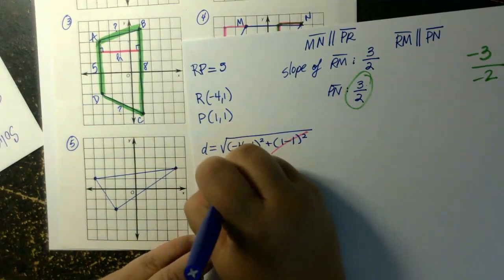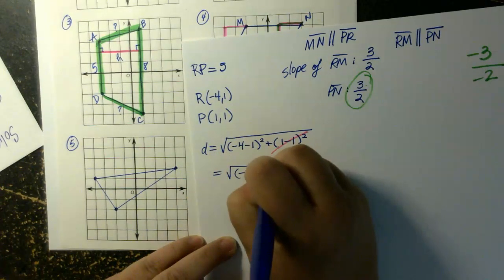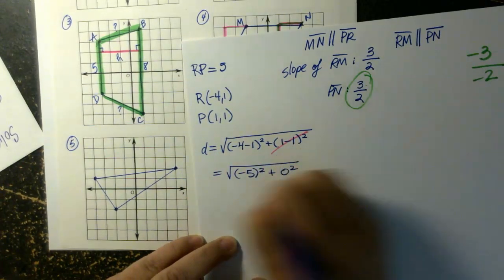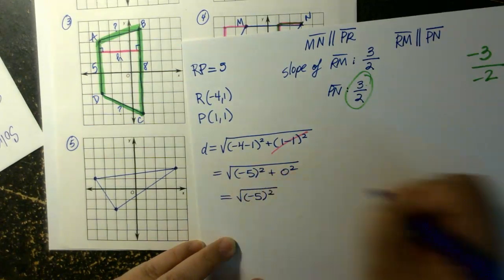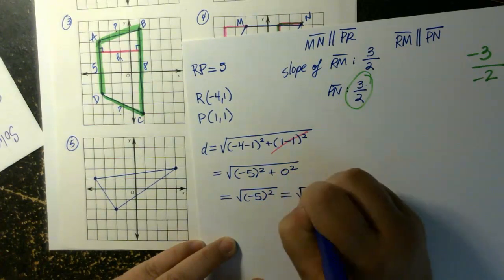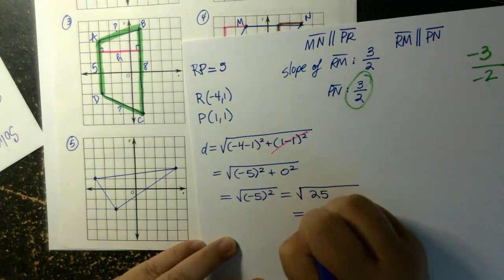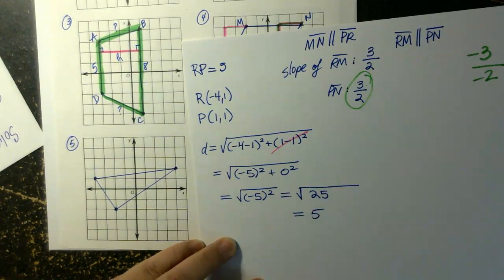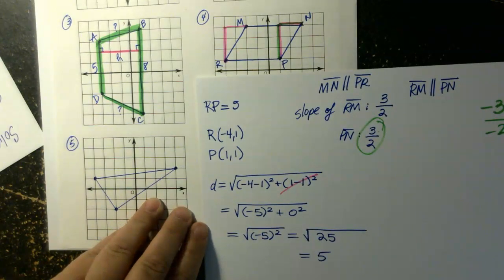In other words, this would give me negative 5 squared plus 0 squared. Well, that's just the same as negative 5 squared plus nothing. So that's this. All right. If we square negative 5, we get 25. Take the square root of that and you got 5. So even by doing the distance formula, we would still get 5 for RP.